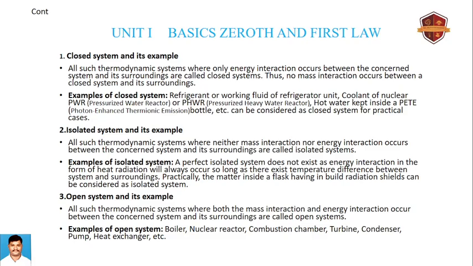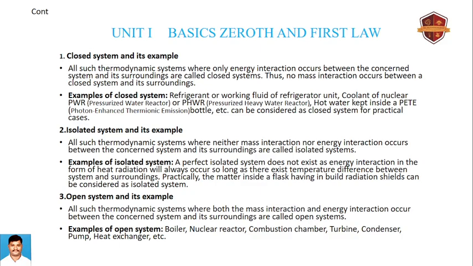Second one, isolated system. Neither mass nor energy crosses the boundary. Example, thermoflask, ideal case. Number 3, open system. It is called control volume. Both mass and energy can cross the boundary.